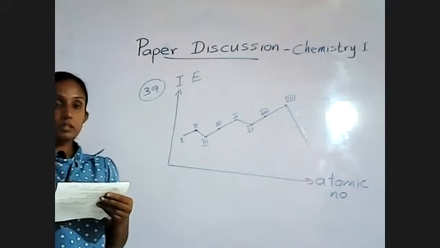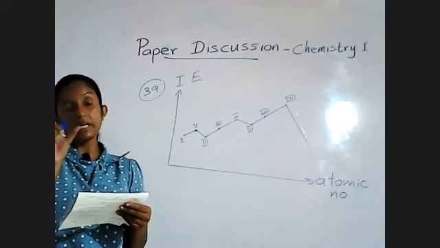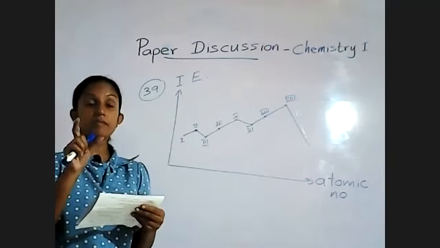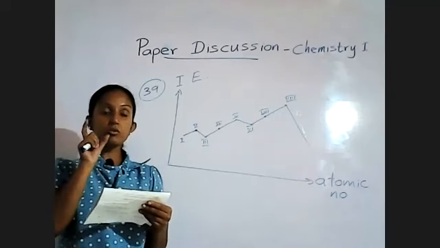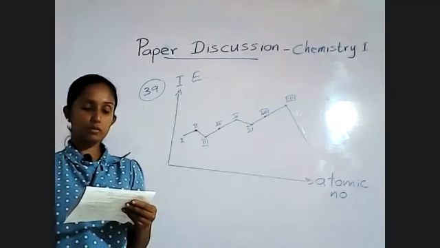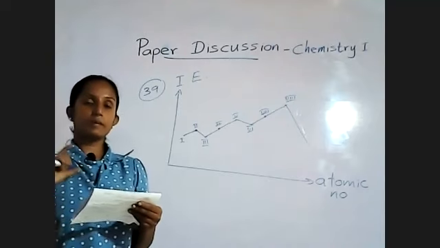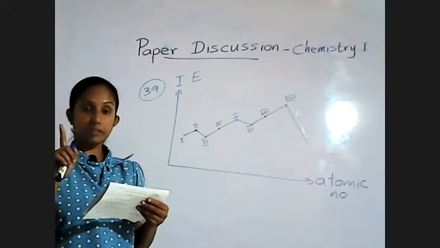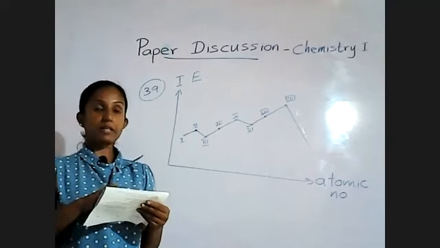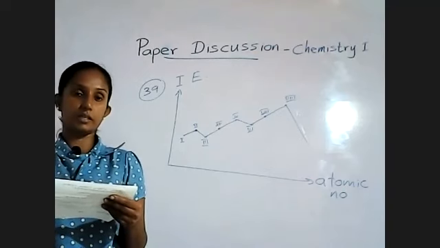Magnesium: the sentence given in the book is there is no observable reaction with cold water. But it reacts with hot water, and there's a special thing with magnesium. When magnesium reacts with hot water, it forms magnesium hydroxide.